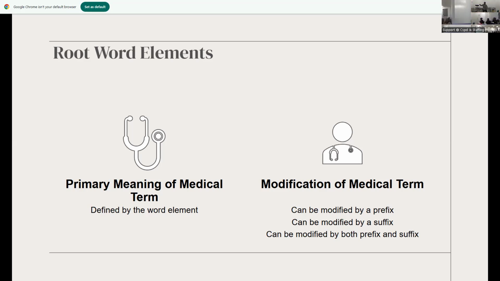The root can be modified by the prefix or it can be modified by the suffix. If it's modified by the prefix, the meaning is different. If it's modified by the suffix, the meaning is also different. But as for the roots, the main idea remains the same. Are we there? Good. So let's see.